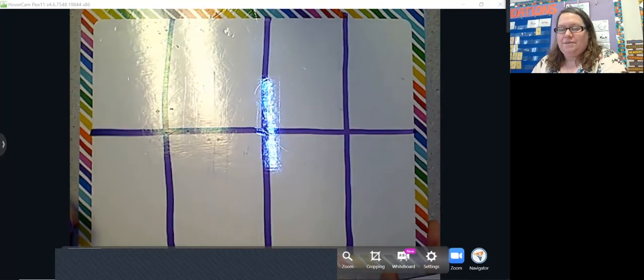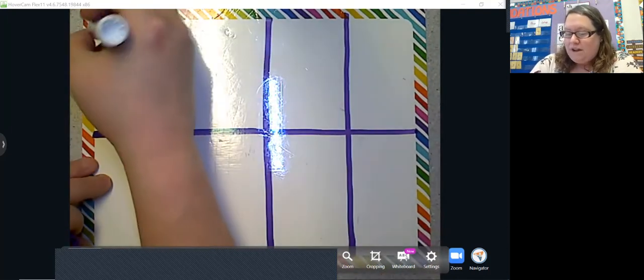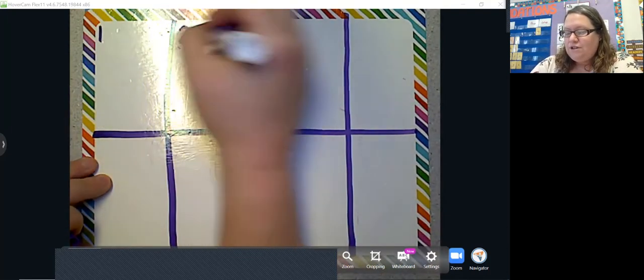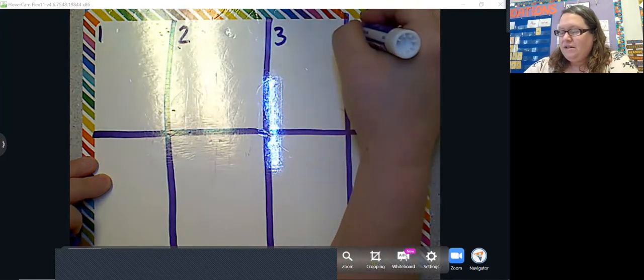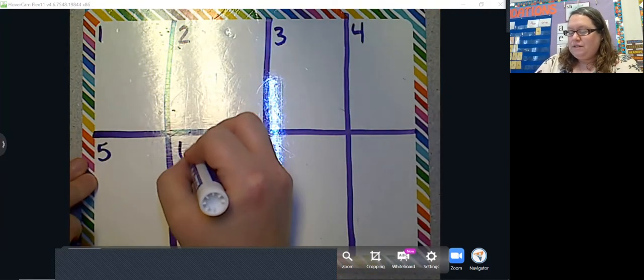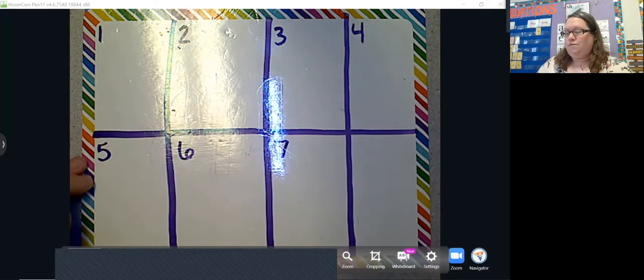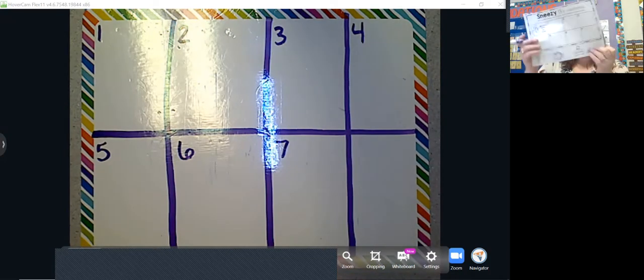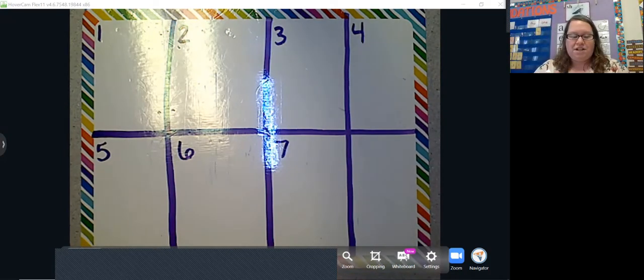Okay, I'll turn it sideways. We're going to write 1, 2, 3, 4, 5, 6, 7. We don't need 8 because we only have 7 things that we're going to do for our sheet, okay?